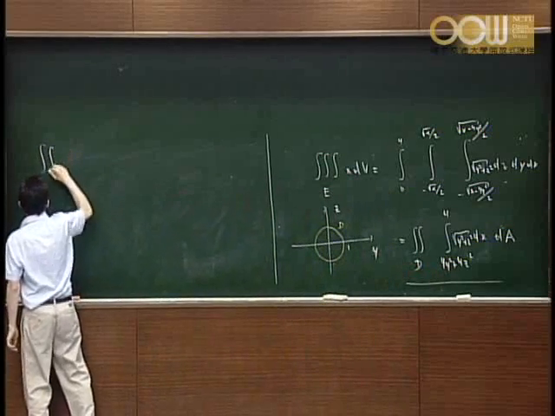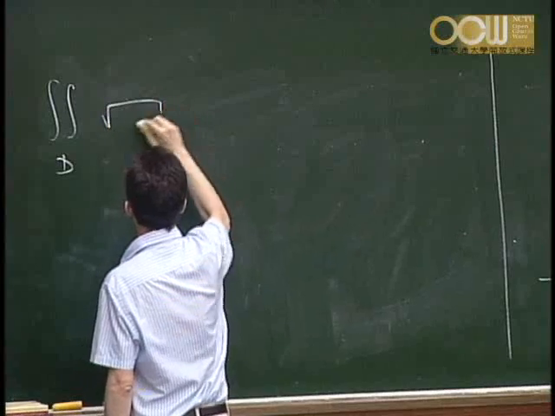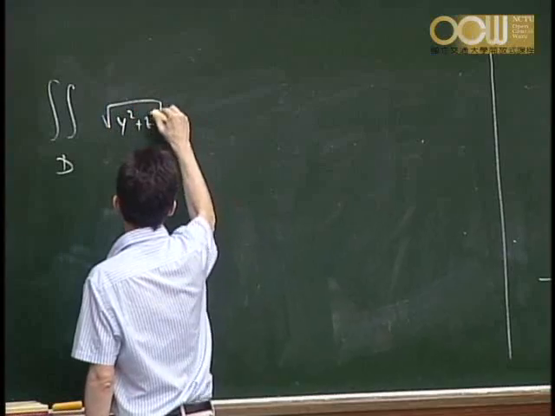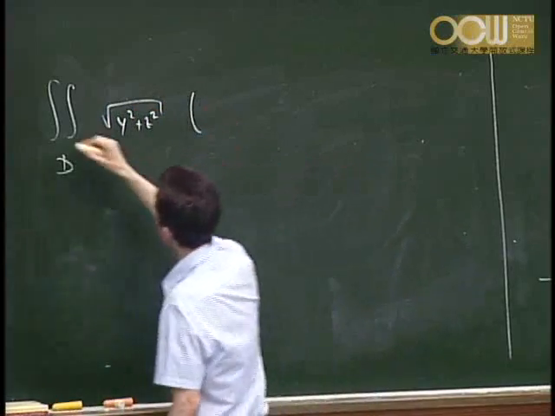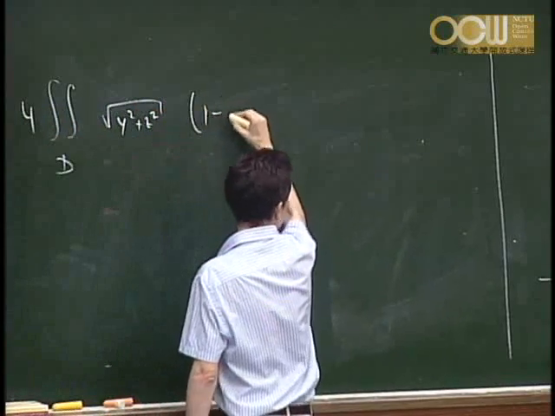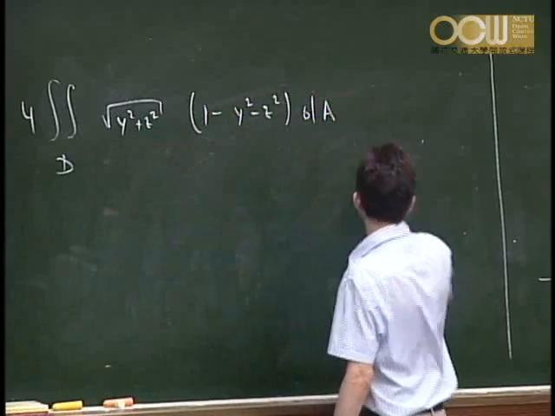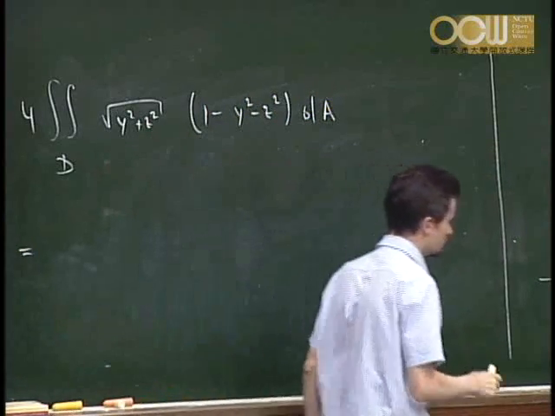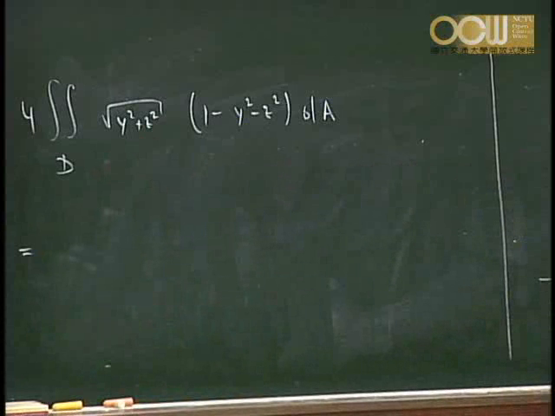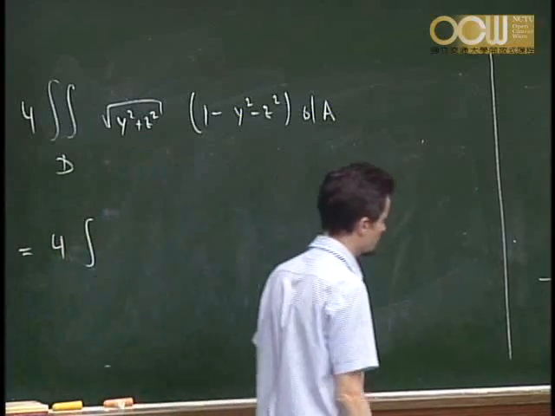You see, this is then the double integral over D of the square root of y square plus z square, and here you can take out 4, so you have 4 here, and then you have 1 minus y square minus z square, and still the double integral to solve. Now, because of the special form of the integrand and the plane region over which you integrate, you will certainly want to introduce here polar coordinates.